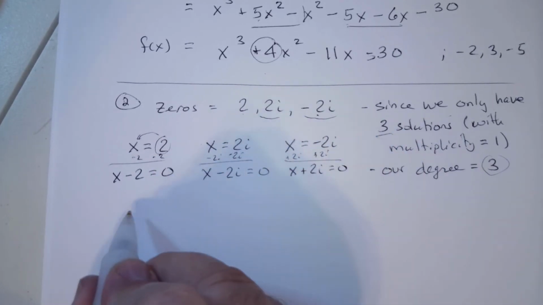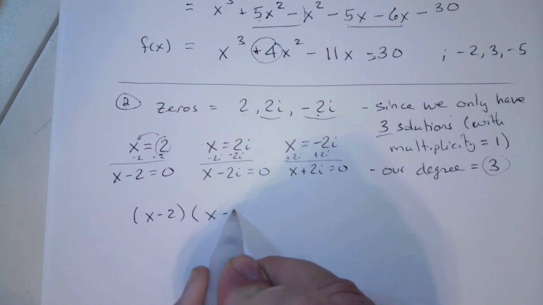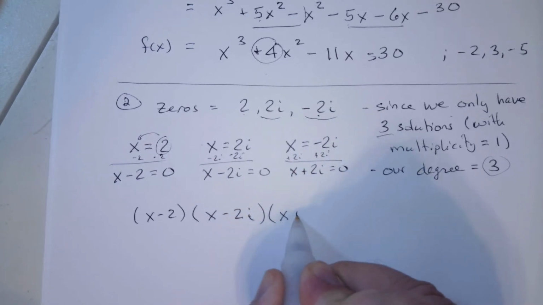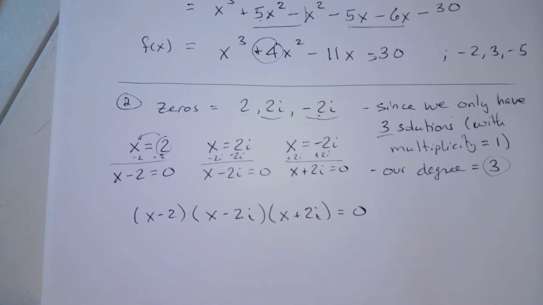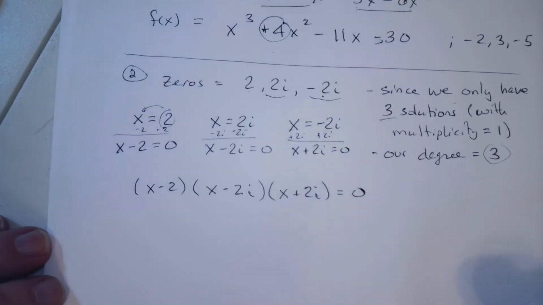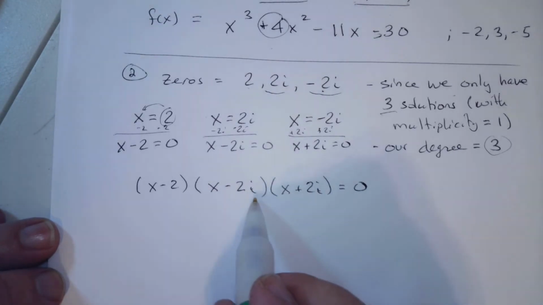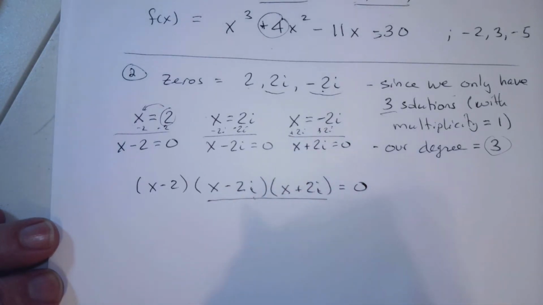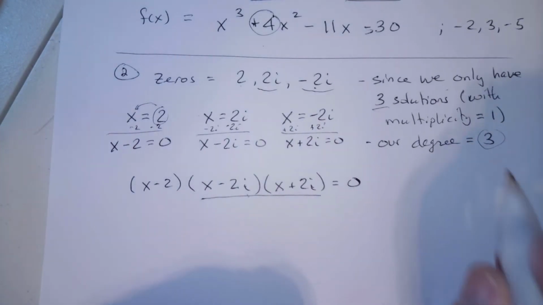Since these all equal 0, that means their product, if I multiply each of these together, must equal 0. We're looking for the polynomial, so we have to multiply these together to get rid of the parentheses. Whenever you deal with complex numbers, multiply them first. Remember when we did the rationalizations?